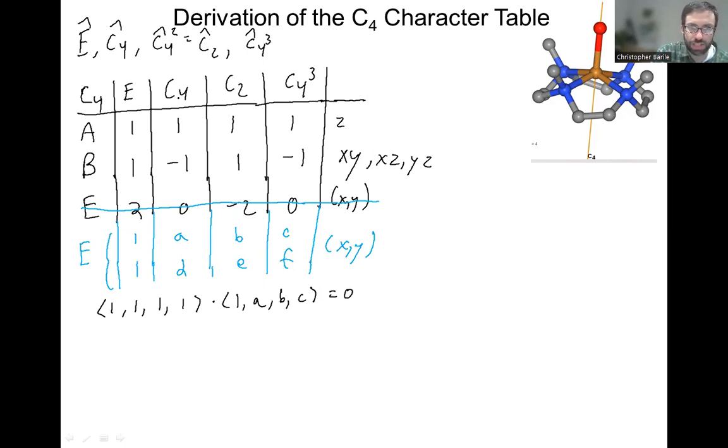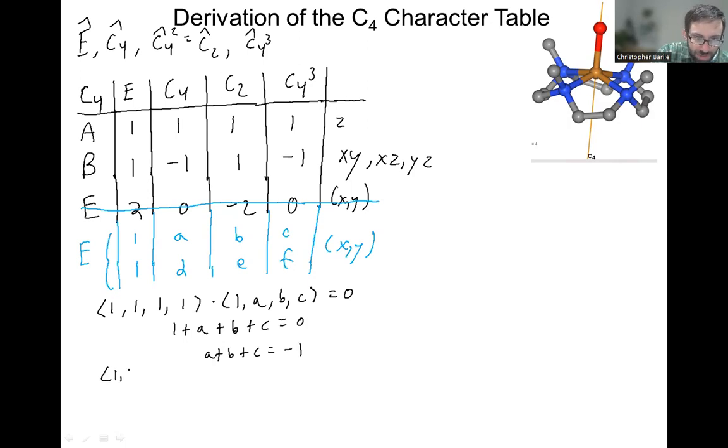I'm not going to write those anymore because all these are ones. So we just multiply one of these vectors by ones across the board. So if I multiply this out, I'm going to get 1 times 1, which is 1, plus 1 times A, plus 1 times B, plus 1 times C equals 0. And so that gives me my first equation, which is A plus B plus C equals -1.